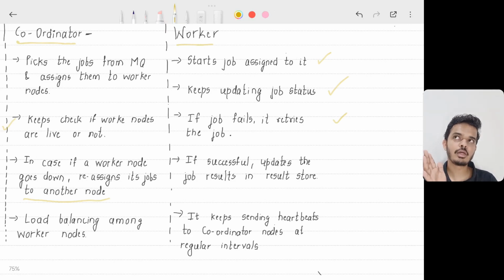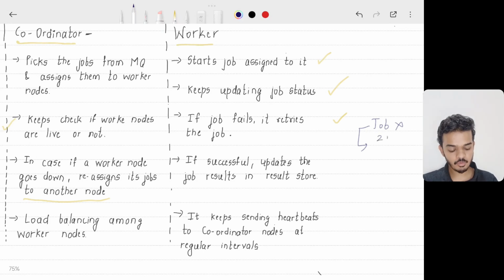Now it will not keep on retrying at regular interval. It can retry after double the time it has retried. So let me explain this with the help of an example. Okay. Let's say there is a job that is currently running and it fails. So the amount of time after which the worker node retries for first time would be, let's say, 2 minutes.